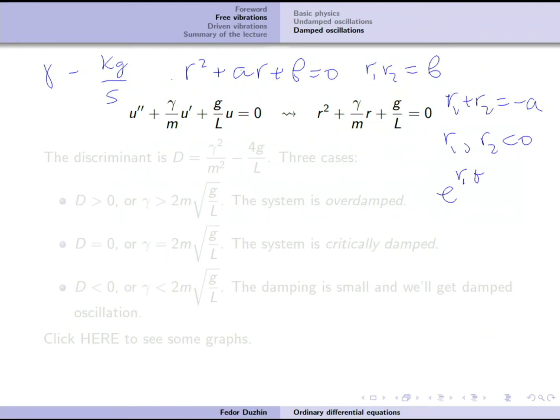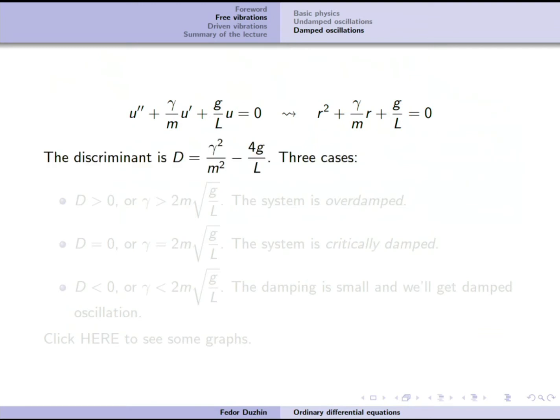As t goes to infinity, these terms approach 0, and this is actually consistent with the physical meaning here, right? Because we have a friction force, it means that eventually oscillations are decaying, and everything is just going to converge to the equilibrium, to no movement at all.